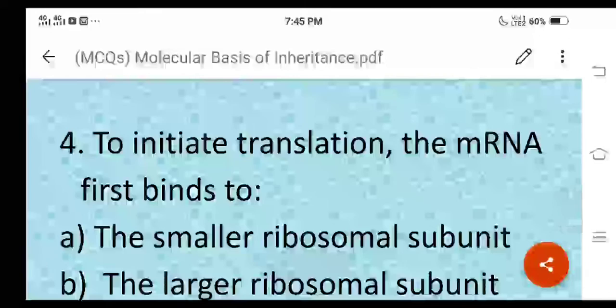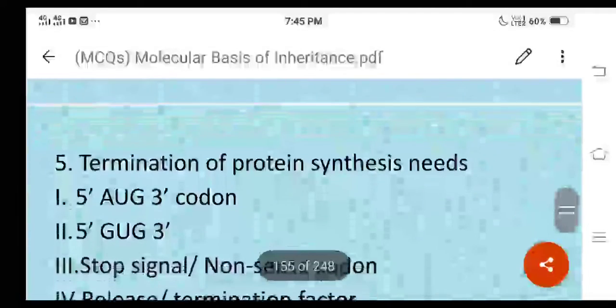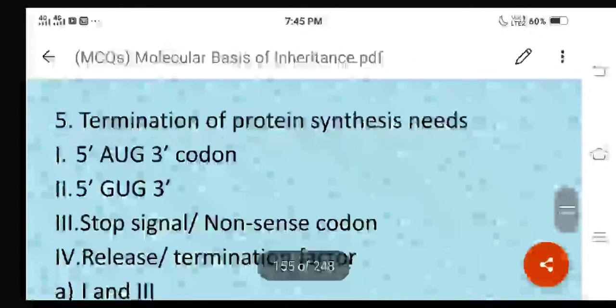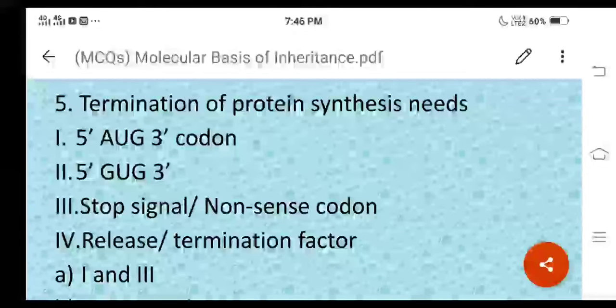Then let us move on to question number 5. Termination of protein synthesis needs. There are 4 different statements. One is 5 prime AUG 3 prime codon. Second is 5 prime GUG 3 prime.